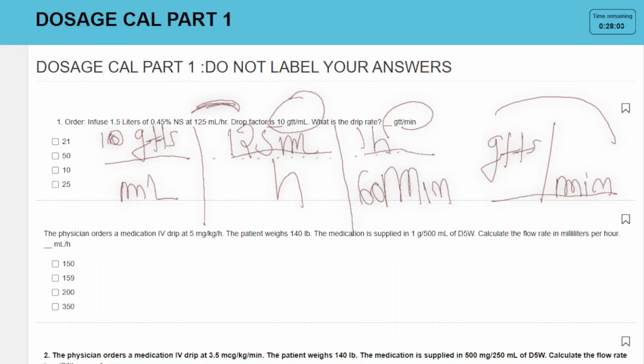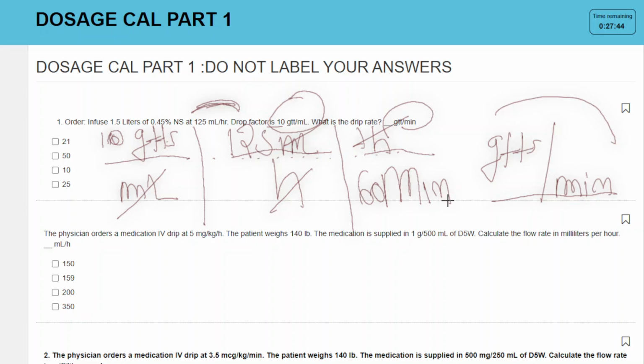From this point, you check yourself to see if you can cancel all your units and stay only with drops per minute. Let's check it out. I can cancel that one. Good. Can I cancel hour and that one? Good. So my only units now are going to be drop and minute.